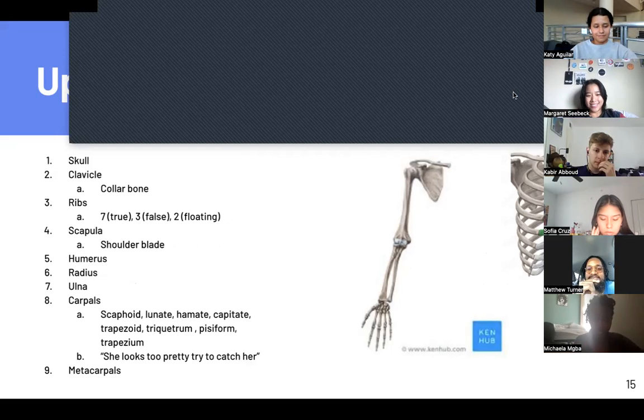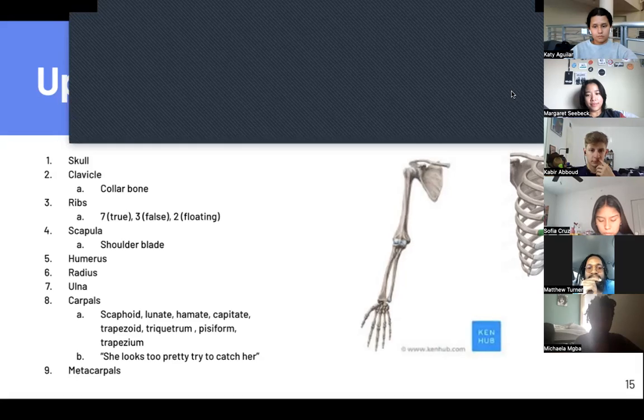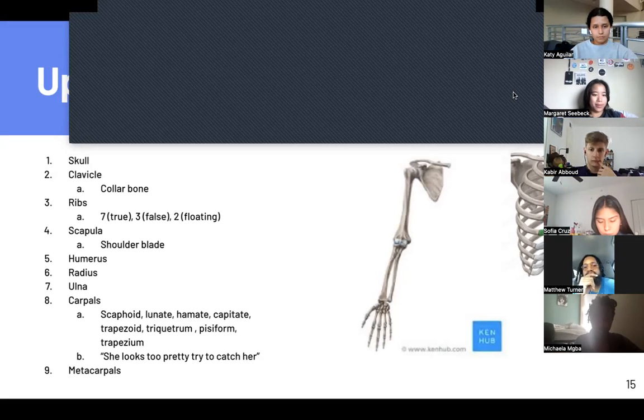The floating ribs don't connect to the sternum. The false ribs do connect, but indirectly, with connective tissue, like cartilage. Awesome, that's perfect.